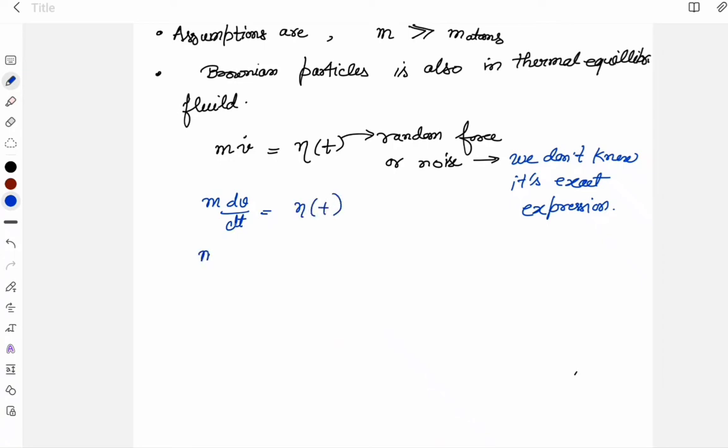So v t minus v0 is equal to 1 over m times the integral of eta t. Now v0 is the initial velocity of the particle which we are tracking, the initial velocity of the Brownian particle.